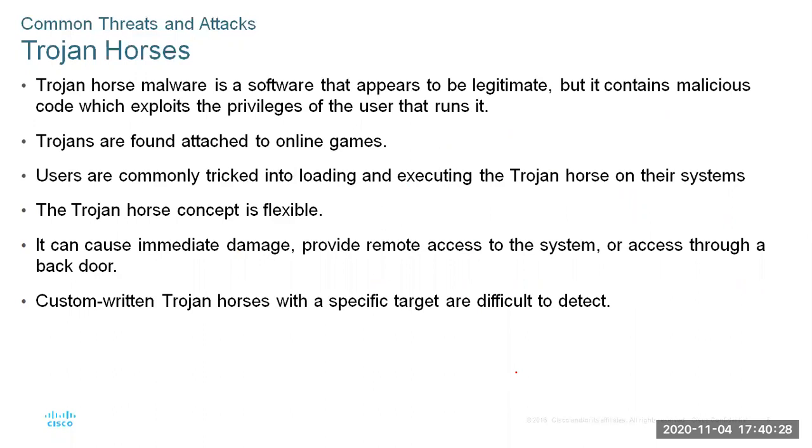The next one is the Trojan horse. The Trojan horse got its name especially from the story of how the city of Troy was destroyed. Now, there was a war between two cities or two nations, and it was a very big war.